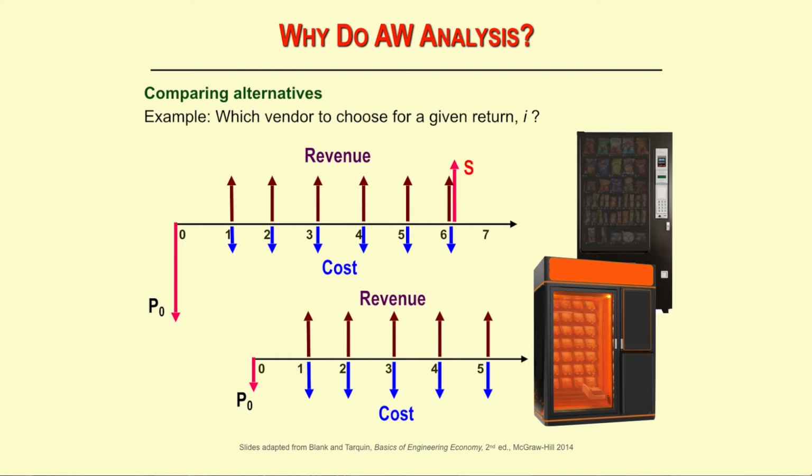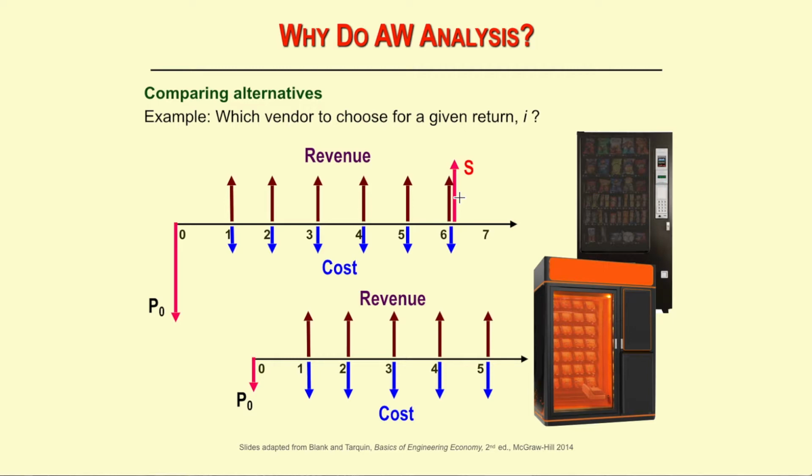Annual worth analysis is also used to compare alternatives in order to determine which alternative is more profitable. In this example, you have two different vending machines with two different cash flows.